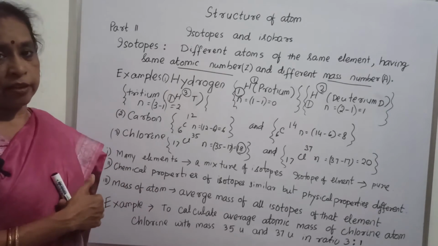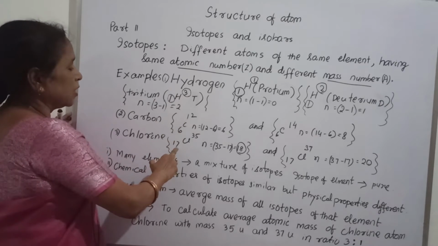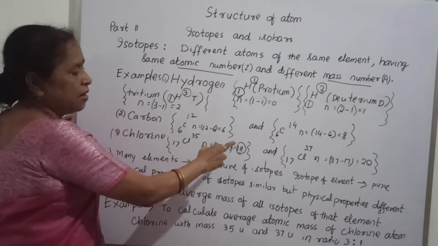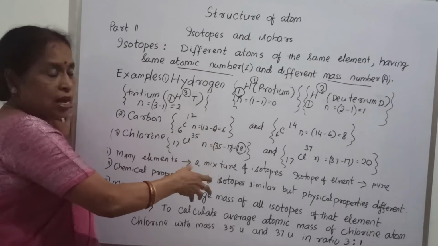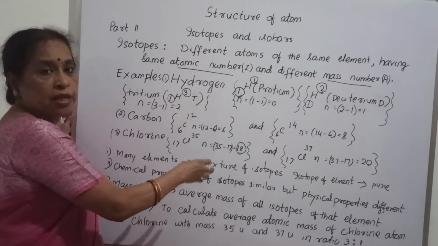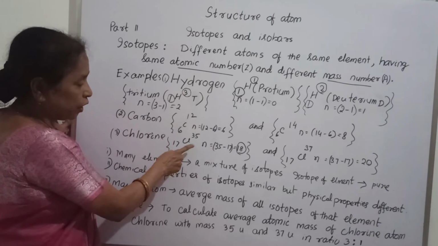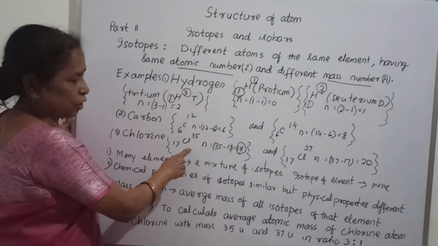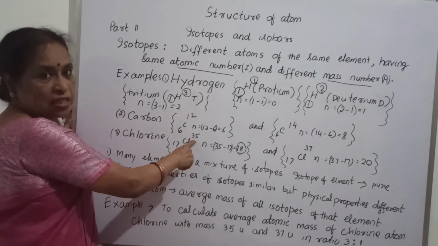Suppose you want to calculate the average mass of the chlorine atom. What will you take? Here there are two isotopes: 17Cl35 and 17Cl37. Which one is natural? It has been observed that this one is 35 atomic mass units and this one is 37 atomic mass units, because this is the mass number.